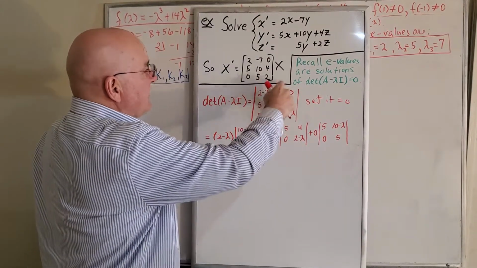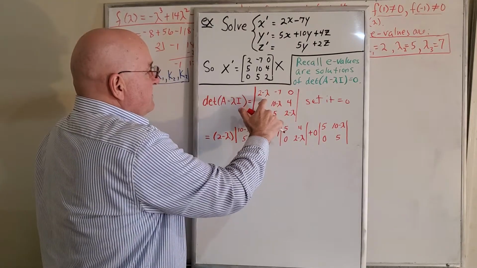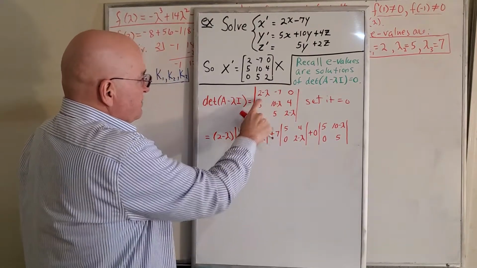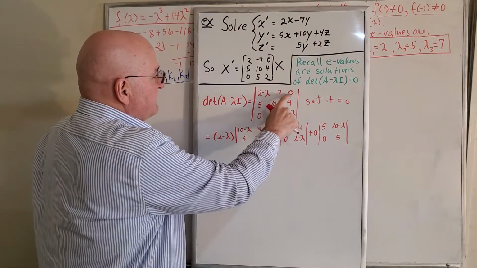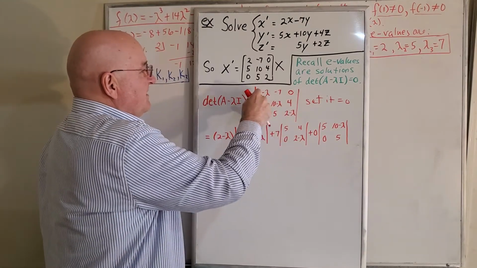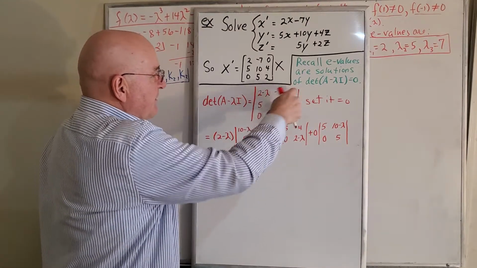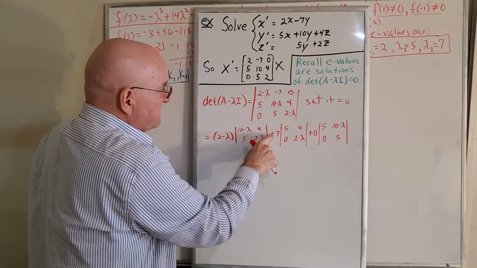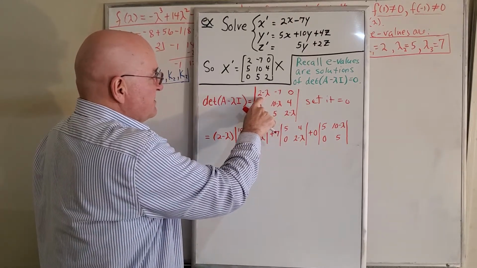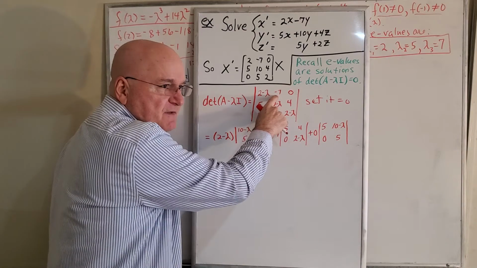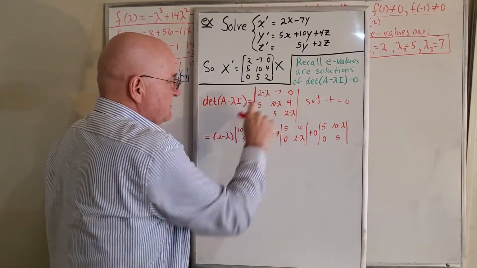Then I'm moving across. You can see the coefficients go 2 minus lambda, negative 7, 0. You start off with changing every other one to be a negative. So it's a plus 7 because we take this one just as it is, we take the opposite of this one, and we take this one just as it is.